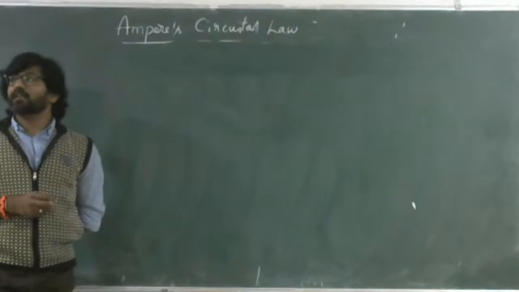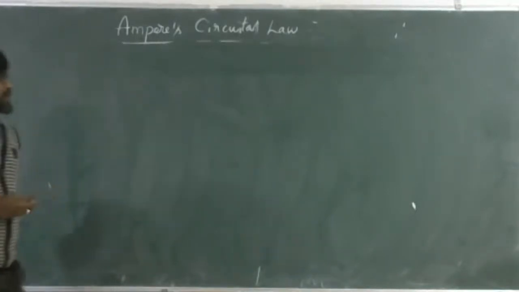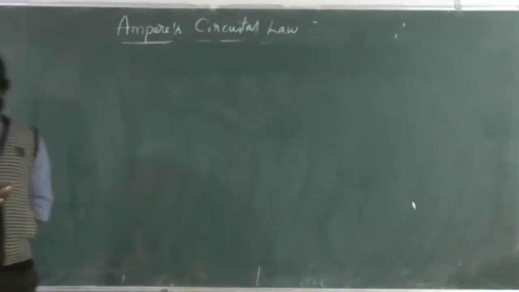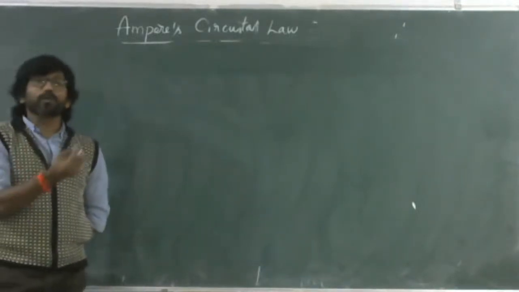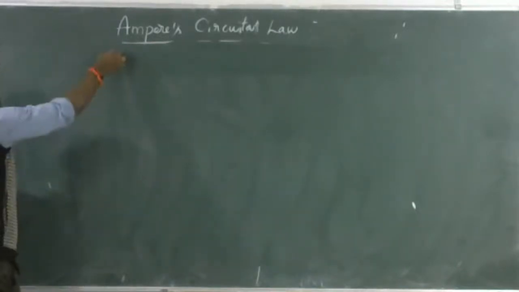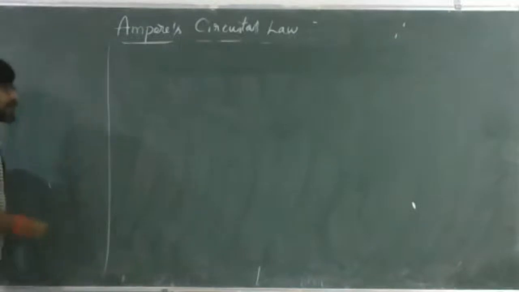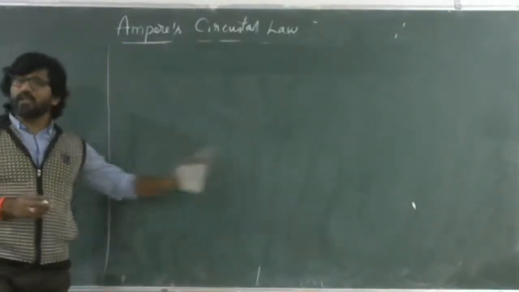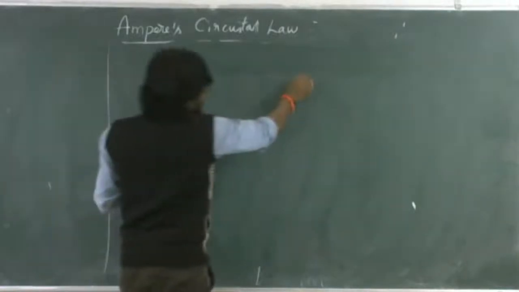See here, you can understand that in the case of a cylindrical wire or thick wire in which current is distributed uniformly, I will give you just the idea here, as we are not going to deal with the derivation part.